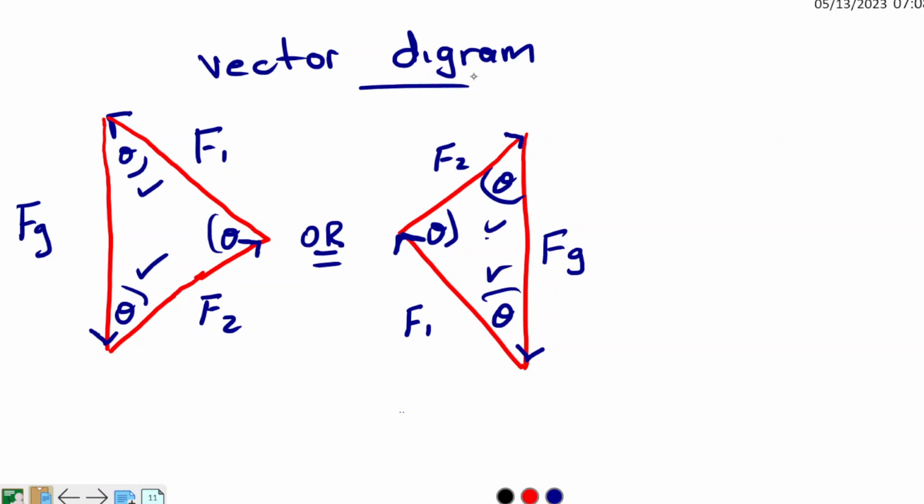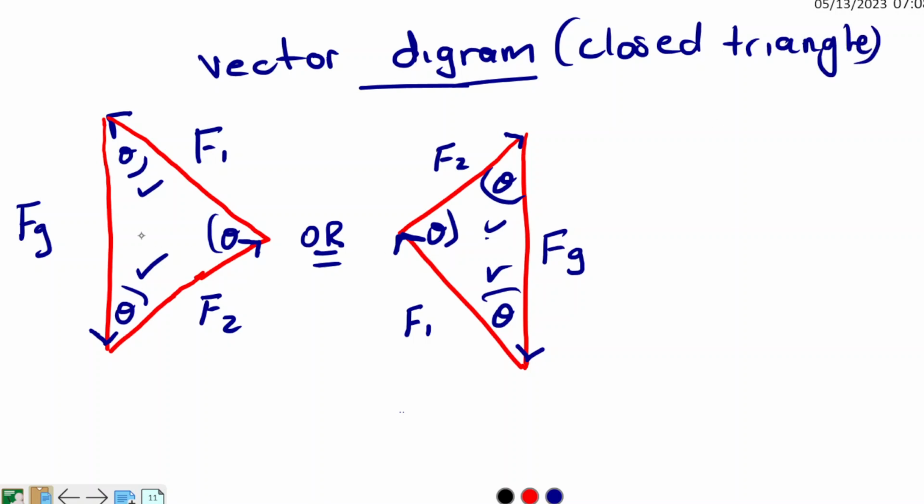So a vector diagram is a closed triangle, and the angles inside your triangle, the sum must give you 180 degrees. So we're going to draw something that looks like this or something that looks like that. This is a closed triangle. It's called a vector diagram.